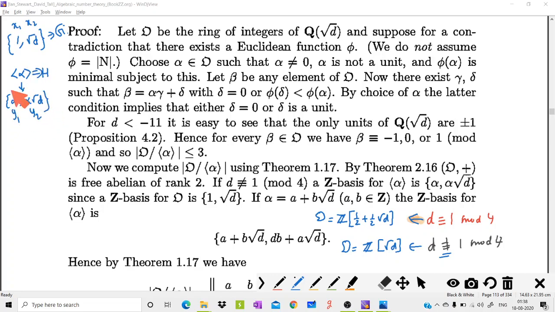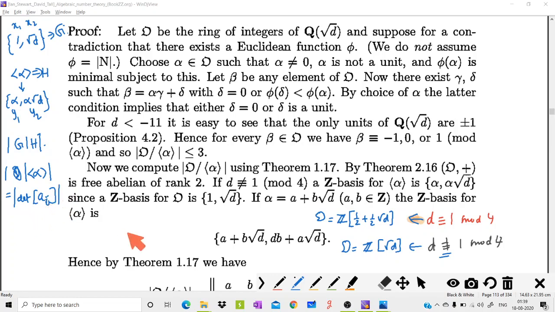So using these you can find the cardinality of G by H. Here we need the cardinality of the quotient group O by the ideal generated by alpha. We know that is always less than or equal to 3. In order to evaluate this we need to write the modulus of the determinant of some matrix. This matrix is nothing but the transition matrix, so we take the determinant of the transition matrix.